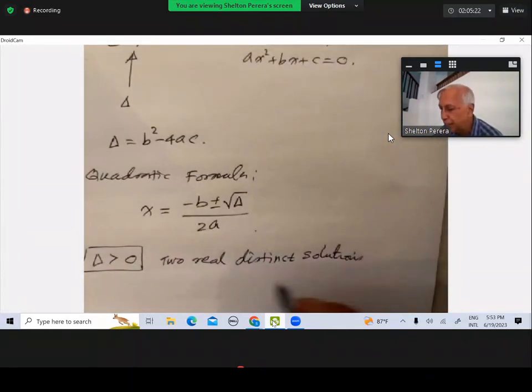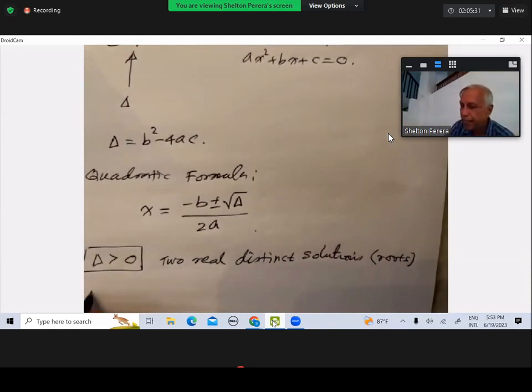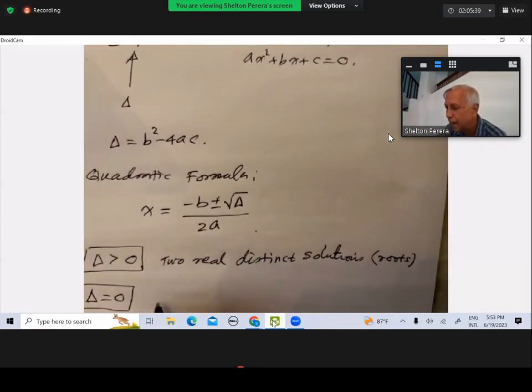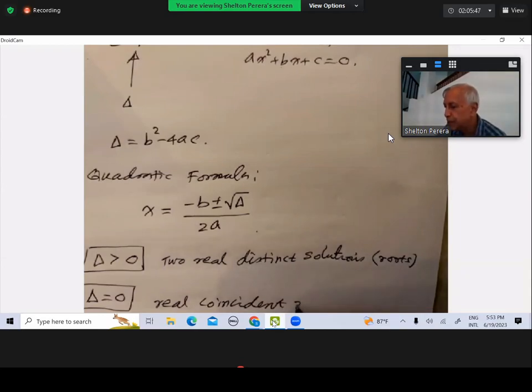Distinct means different. Two real distinct roots. Delta equal to 0: the two roots, plus or minus, should give you 2, but they both become minus b over 2a. Real coincident roots or solutions.